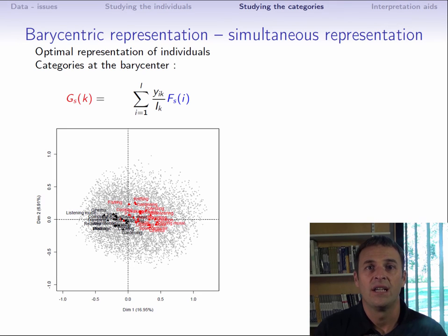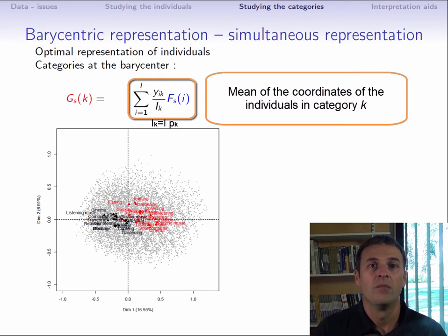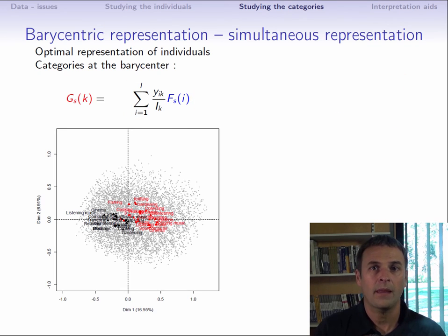If we note G_sk the coordinate of the category k in the s dimension, we have this formula. y_ik equals 1 if the ith individual is in category k and 0 otherwise. So here we have the sum of the coordinates of the individuals in category k divided by the number of individuals in category k. That is, we are calculating the mean coordinates of the individuals in category k.